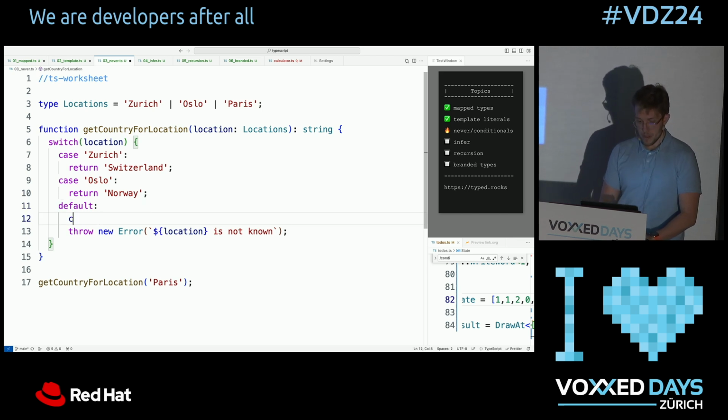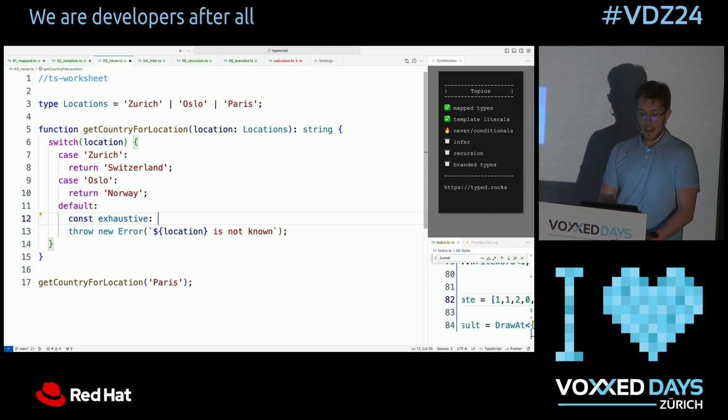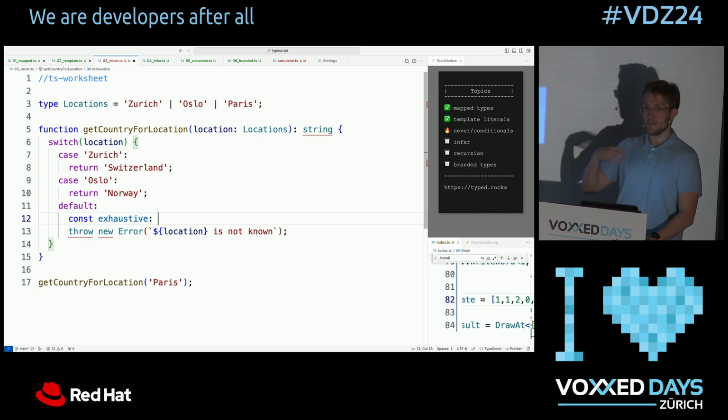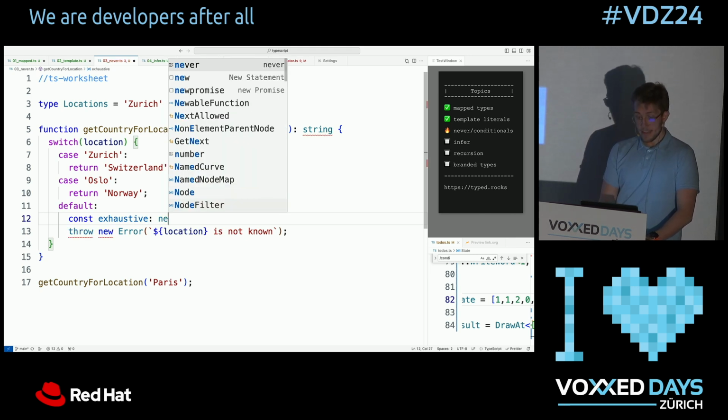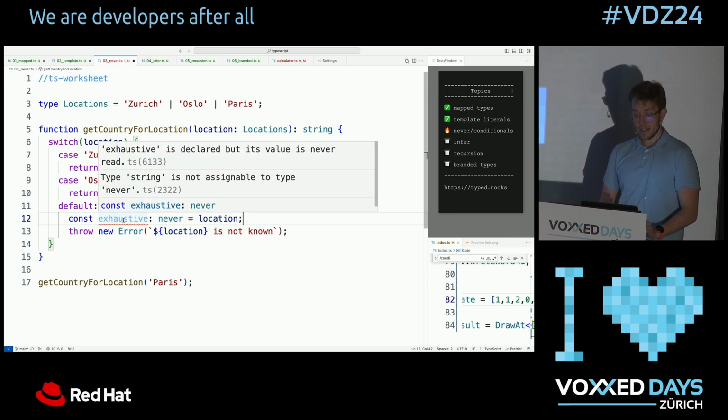So what you can do in the default case is you create a new variable. I call this variable mostlyExhaustive, but you can call this anything you like. The important part is you say this is of type never. And then you assign the variable you pass in here, the location, to this type. And now we get an error because you tried to assign a string to never.